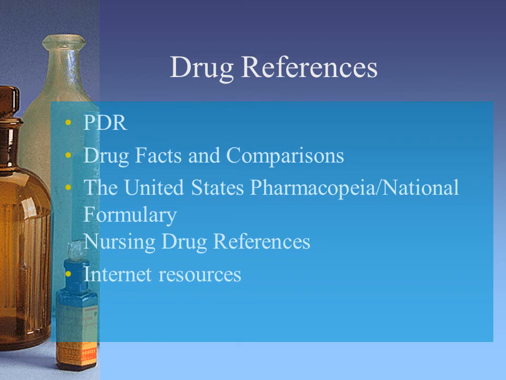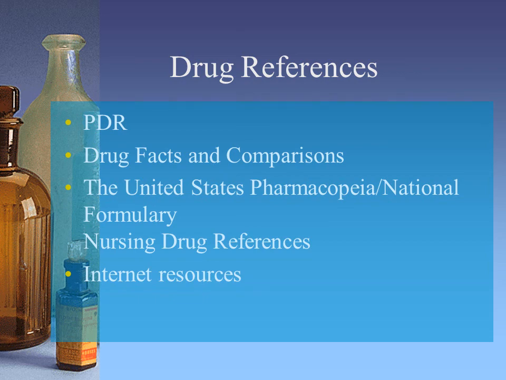So you're not going to find the details on the chemical makeup that you do in the above references, but it's smaller and it's very practical for on the job looking up of medications and what you specifically need to know to be administering and monitoring patients who are taking these medications. Generally, they are updated again annually, and there are a number of different companies that put these references out.